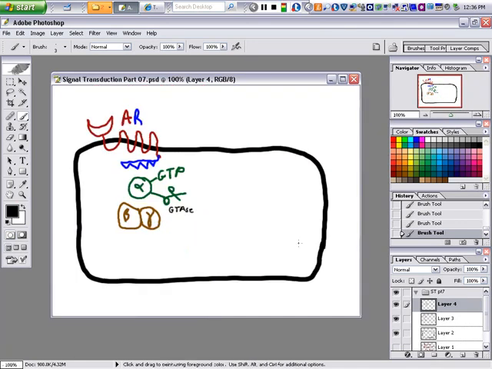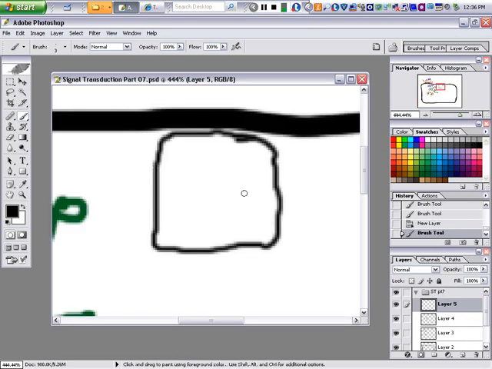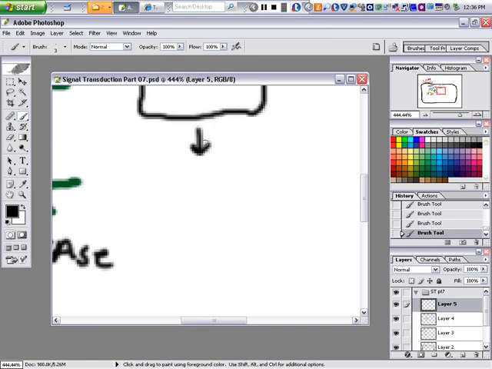Now, you don't want your alpha to be active all of the time, because if it is, then you're going to activate, I'm going to draw these very crudely here, I'm going to zoom in on here. What protein does G alpha activate? Adenylate cyclase. And adenylate cyclase makes what metabolite? Cyclic AMP.